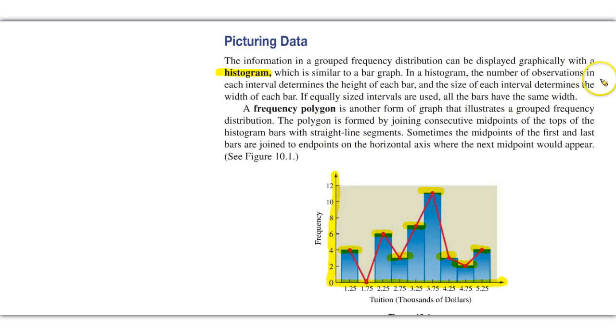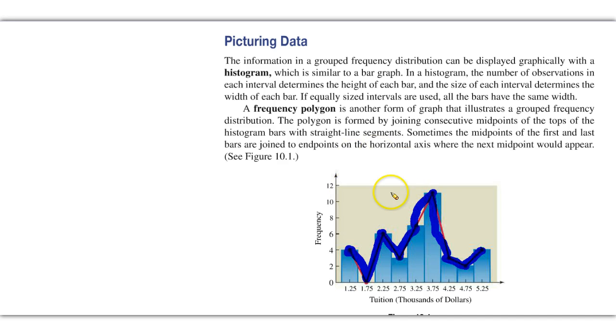And then if you were to connect the points, as we see here, with a line going to the center of each of these, that would be your frequency polygon, or a line graph.